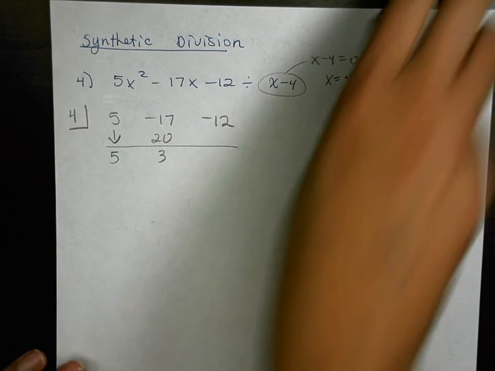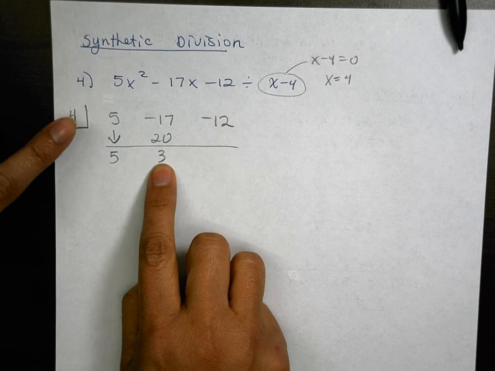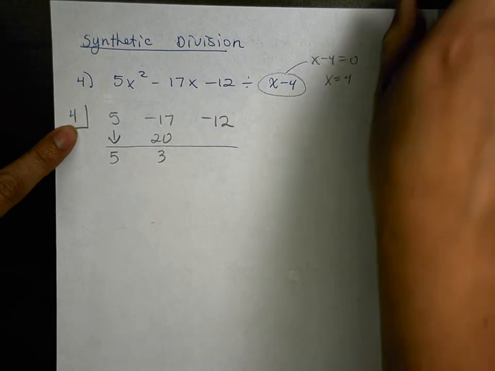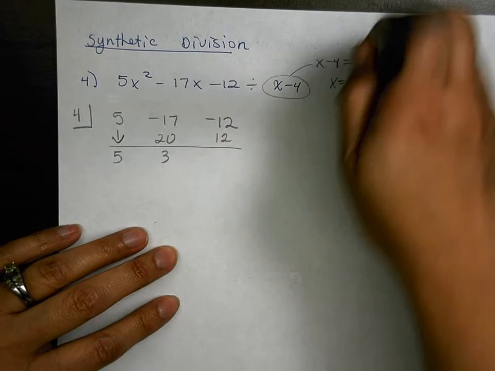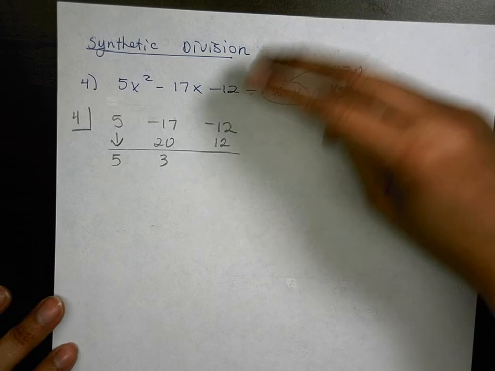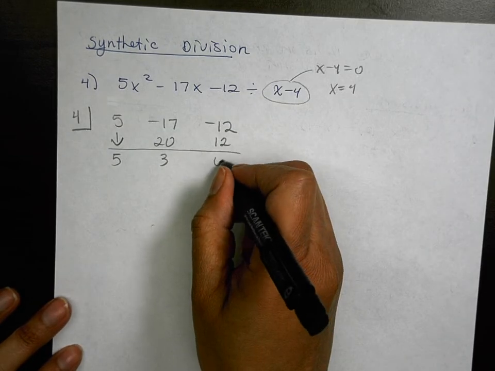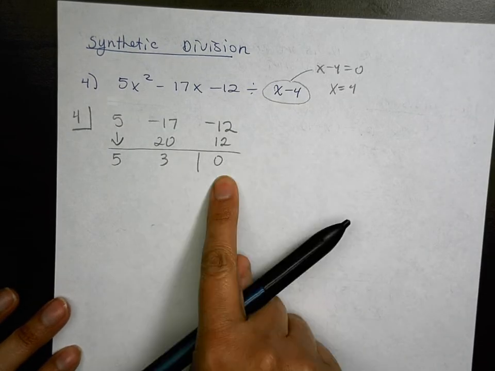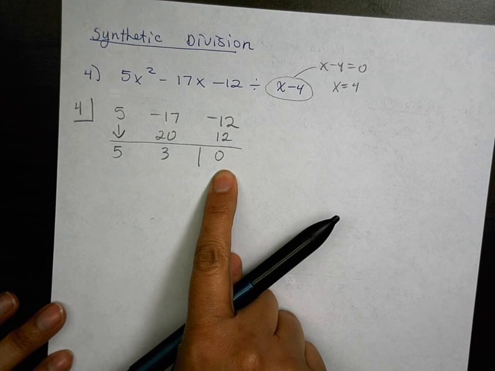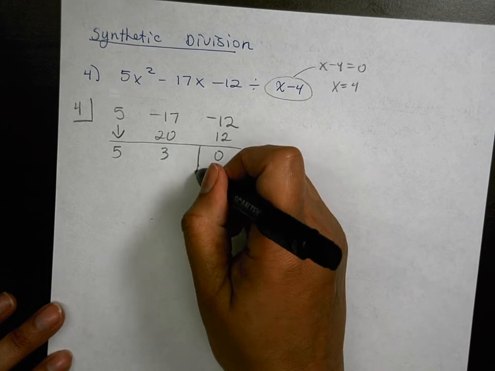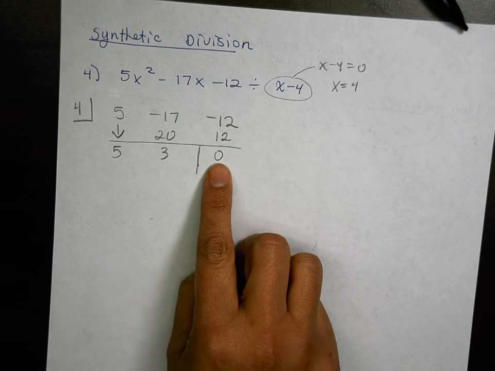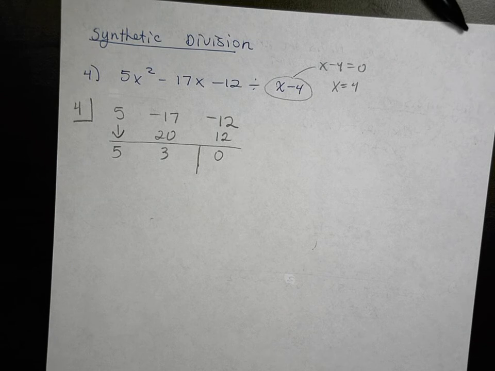And then you multiply. What's 4 times 3? And then you add. What's negative 12 plus 12? That last number is always your remainder. That line is just to represent my last number. Did I have a remainder of 0? On number 1, was it a remainder of 0?